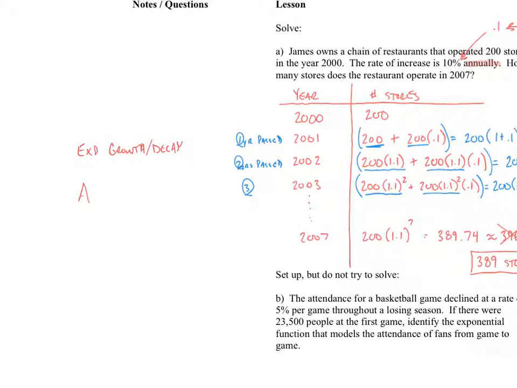We can say that the total amount, or whatever we're going to end up with, is going to be equal to the initial amount, we'll call that the principal amount, times 1 plus or minus the rate to the power of however much time is passing. So let me label those real quick. You might want to take a second and pause the video and write down those.